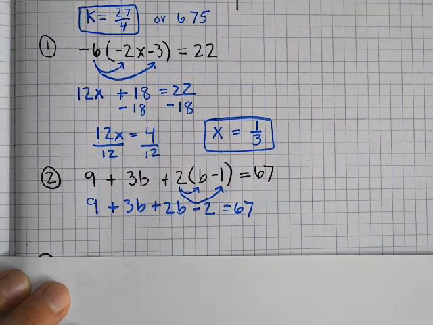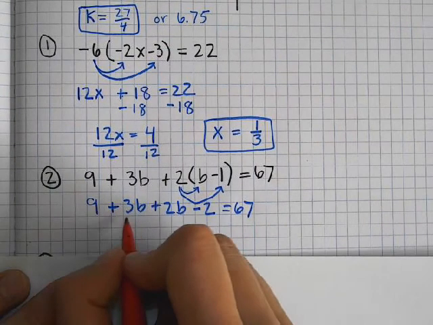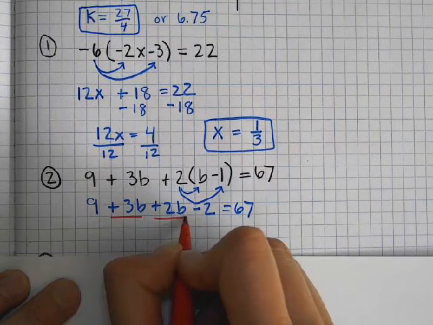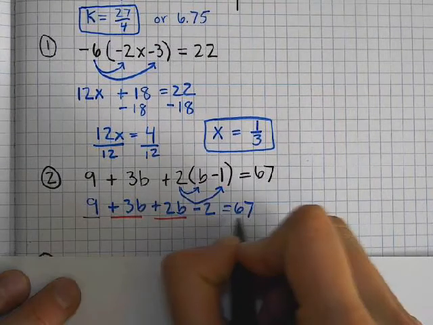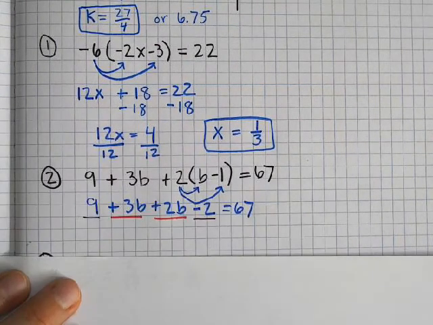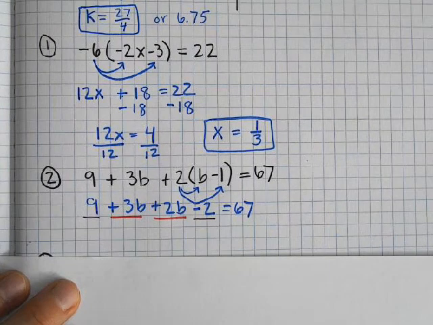Now this is when I like to combine like terms. Find things that are the same and combine them, okay? Both of these have a b in them, and that is a b, not a 6. And then our 9 and our negative 2. We can combine those as well. So we've got 3b and 2b.